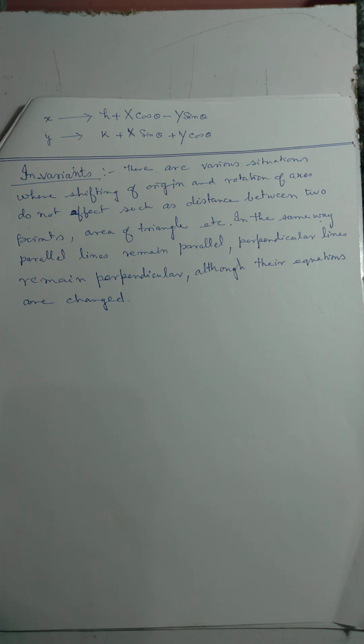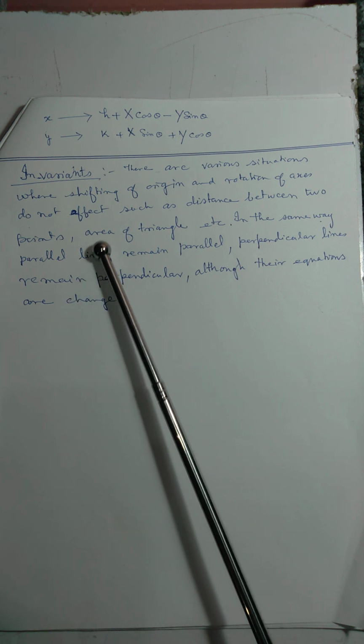Now come to the invariants. What do we mean by invariant? There are some facts which do not change after changing or shifting the direction of the axis, as well as changing or shifting the origin. There is no change in them.